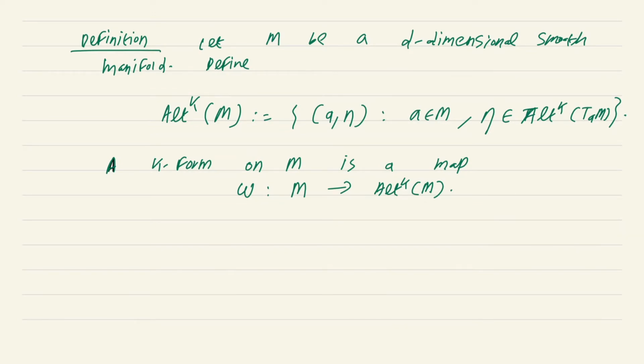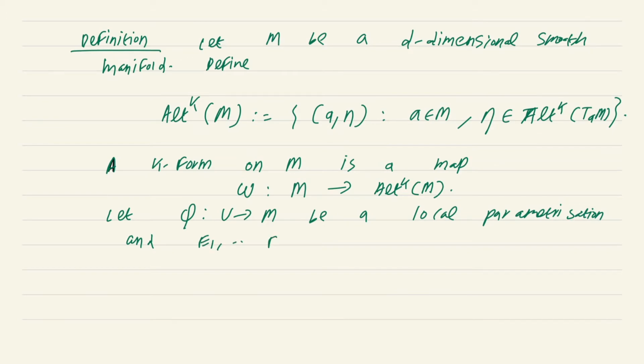Okay, now let's define smoothness of this form. Let phi from U to M be a local parametrization and E_1, ..., E_d be the associated frame field. This comes from the previous definition.